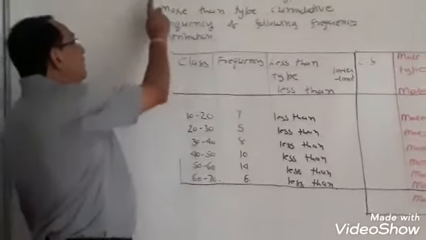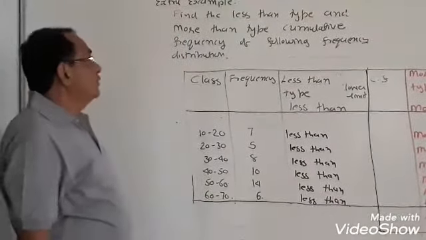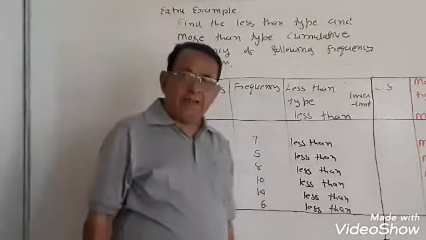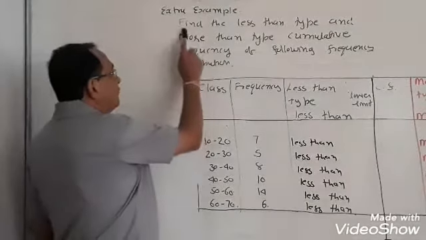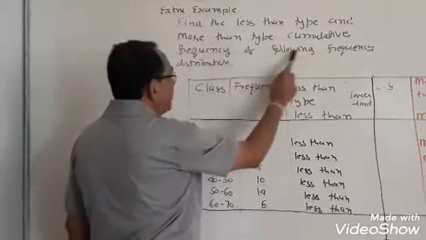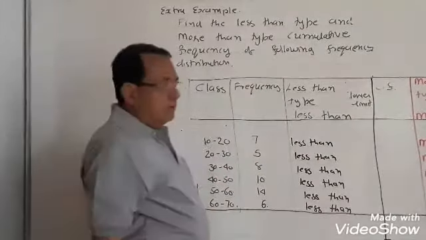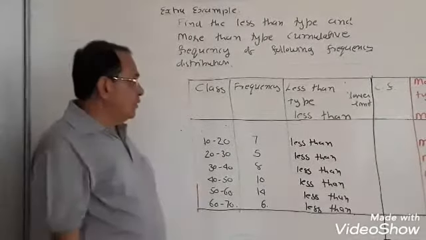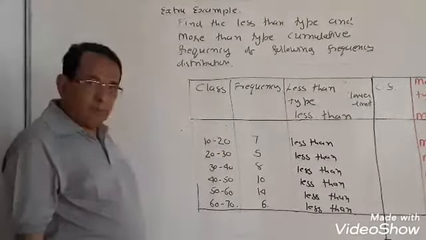Okay. Now I will take one extra example in which you have to find only less than type and more than type cumulative frequency of the following frequency distribution table. We only have to find less than type and more than type.